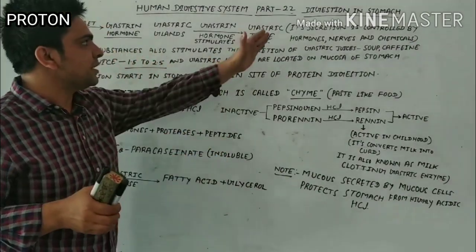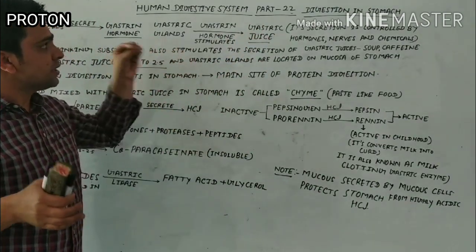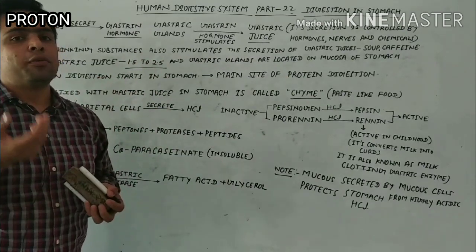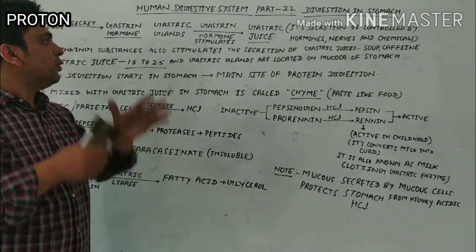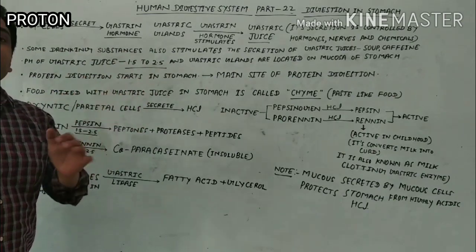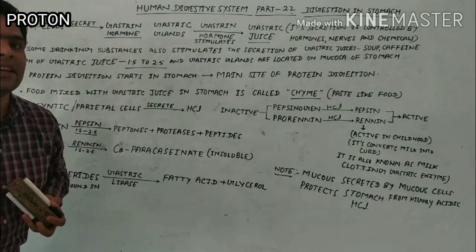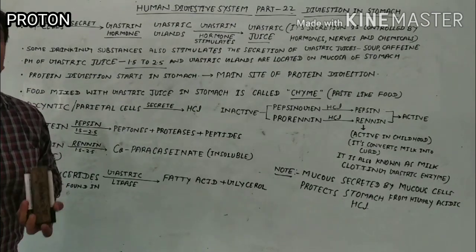What is the role of gastric juice? When the secretion of gastric juice takes place, then our body demands food. Our stomach demands food. So gastric juices stimulate the desire of appetite, means they increase the desire of appetite. Clear students? Appetite means hunger.